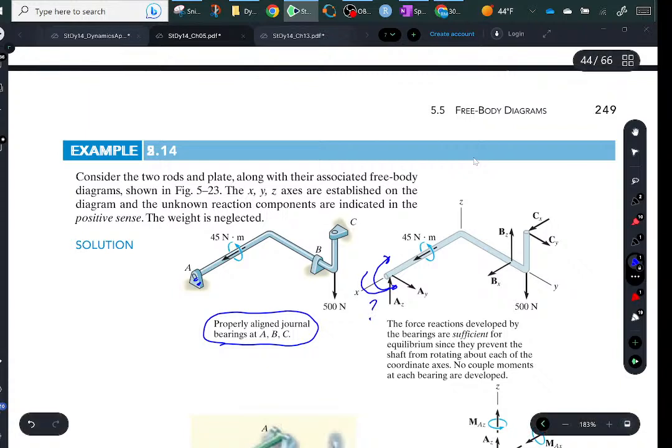So to me, I'm like, hey, wait a minute. You've told me that this is a bearing. So he says, properly aligned journal bearings A, B, C. What does that mean? He shows no moments here, no moments here, and no moments there. But in fact, it's possible for them to take a moment unless they are floating.